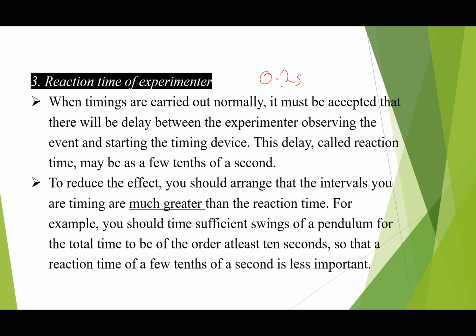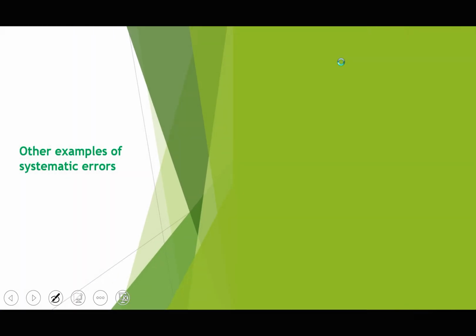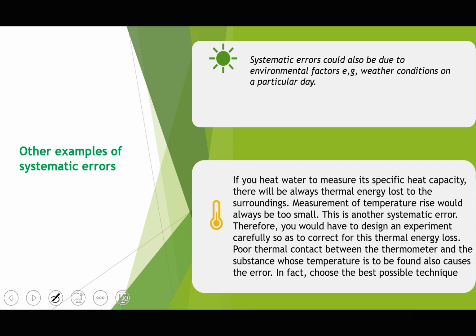If you are, for example, trying to measure the specific capacity of seawater and some energy is lost to the surrounding, then you also expect a systematic error. But the most common systematic errors we shall always concentrate on are actually zero error and maybe wrong calibration. Those are the most common ones. These others are just for personal consumption, but still they can affect experimental observations.